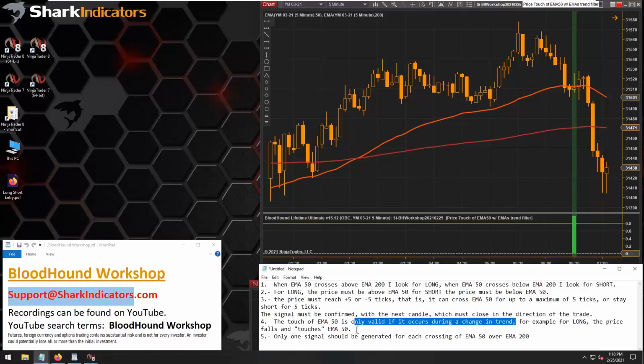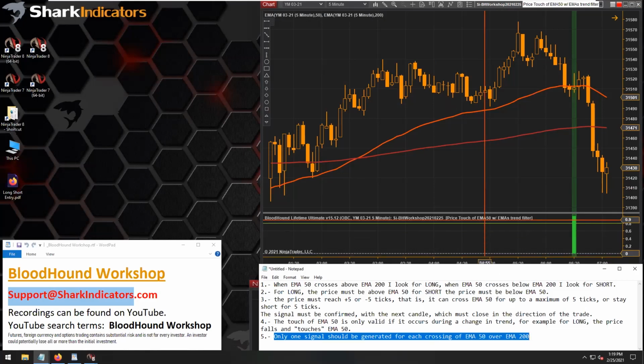That's one of those subjective things about trading. So we're skipping number 4, and let's move on to number 5 here. Only one signal should be generated in each trend direction, or for each moving average crossover. There's only going to be one signal per trend direction.